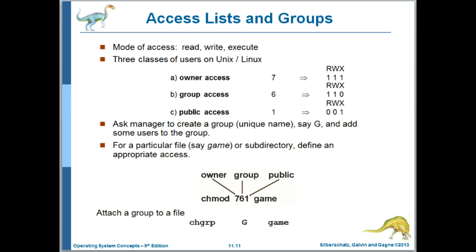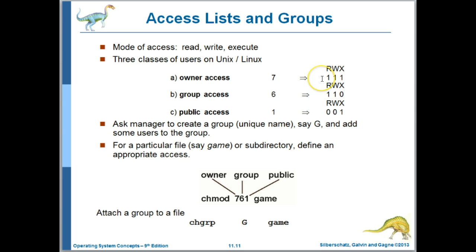So Linux has three access modes: read, write, execute, and then breaks the users into three categories. The owner, in this case, the owner permissions are the octal number 7, which breaks down to read, write, and execute.